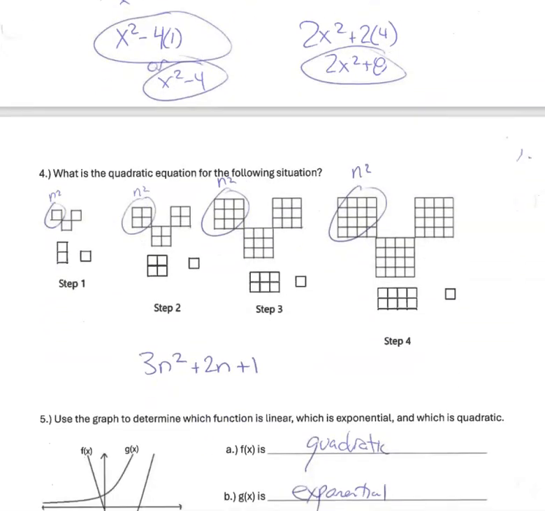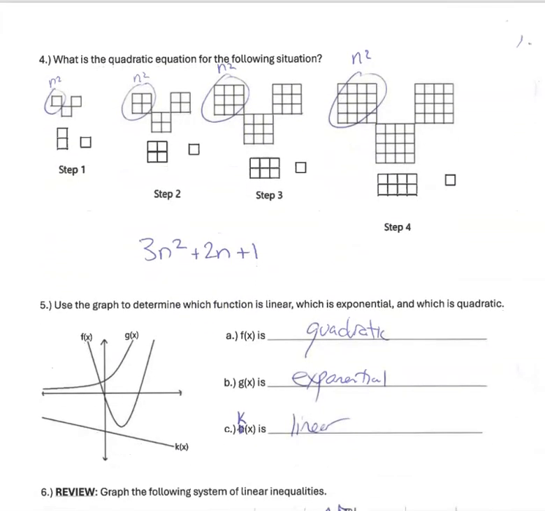On the next one on here, you're supposed to be figuring out which parts are growing quadratically, and you can see that you have 3 things for each one of the steps that are growing quadratically, like being a 1 by 1, 2 by 2, 3 by 3, 4 by 4. So that's how I knew it was 3n squared. And then I looked at the next part, and it was for step 1 you had 2, for step 2 you had 4, for step 3 you had 6, for step 4 you had 8.